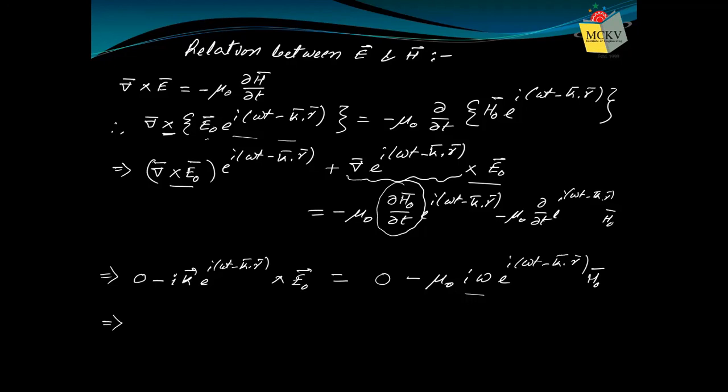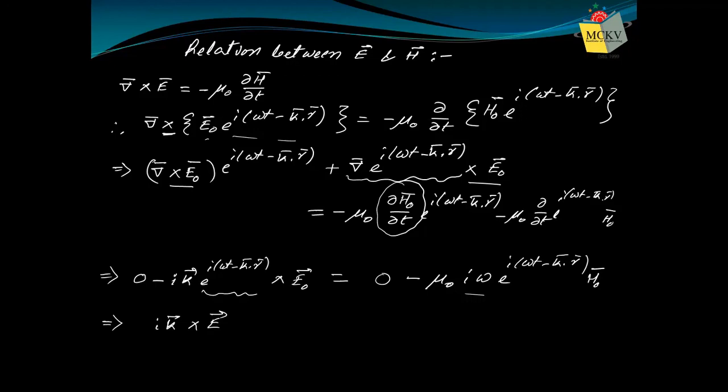So what we have? i k. Now this quantity e to the power something is a scalar. I can write it here or after E naught. If I write it after E naught, then it will be E naught into e to the power something. What is that? Capital E. Isn't it? Our E is E naught e to the power i omega t minus k dot r.